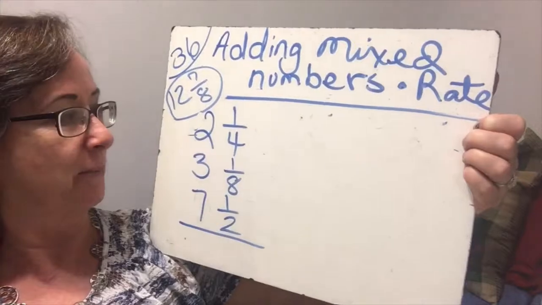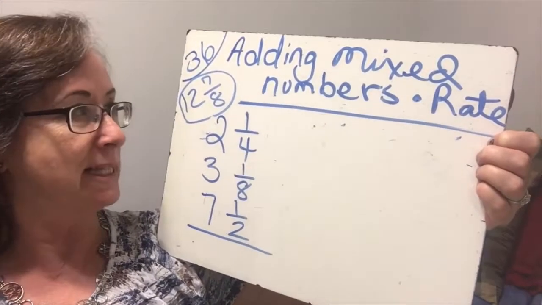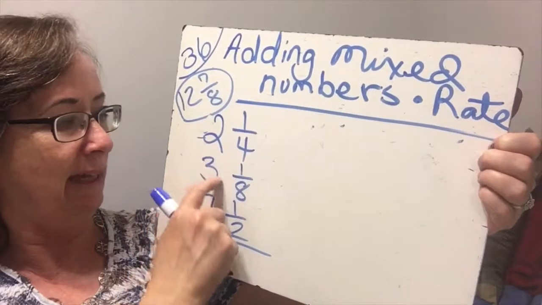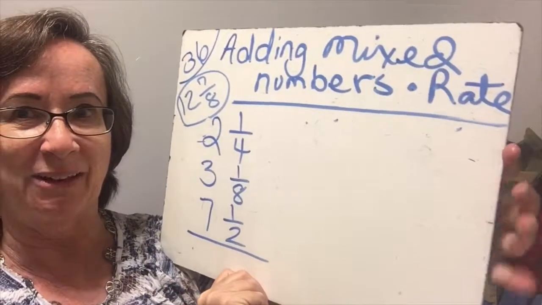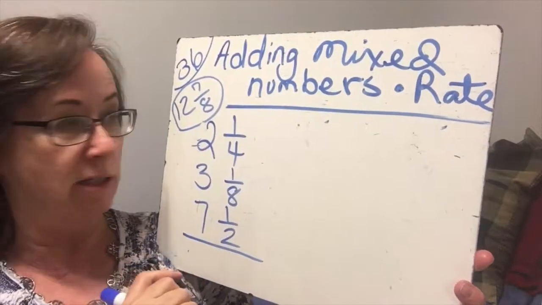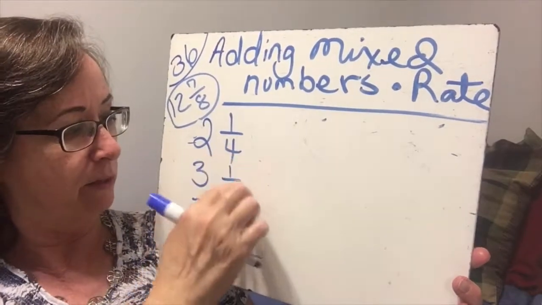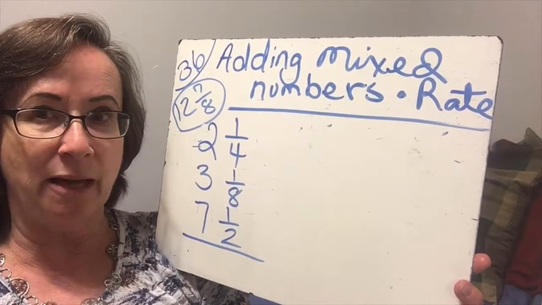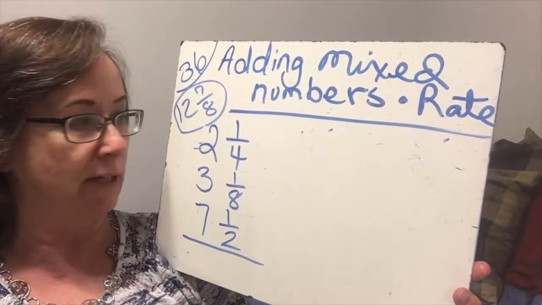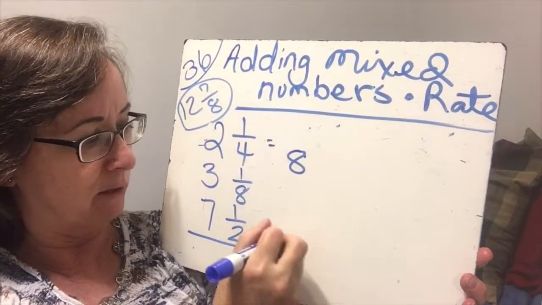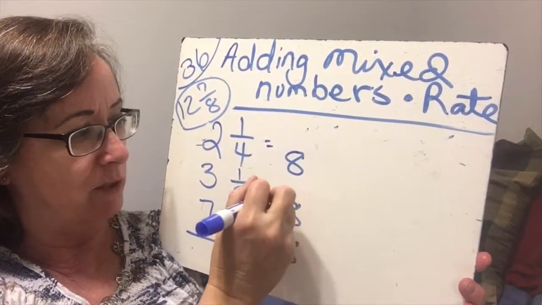Now when we're doing this method, which is much faster, we're going to leave the whole numbers alone. And we're only going to work with the fractions. So we're going to look at the 3 fractions, and we're going to say, what do I need to do to get them to where they have the same denominator? And don't I need to have a denominator of 8 on each one?